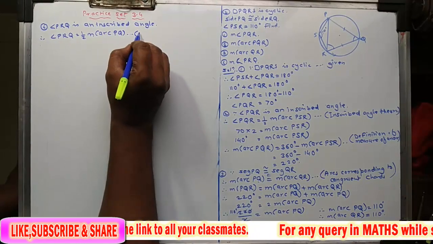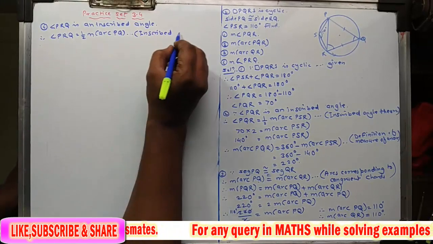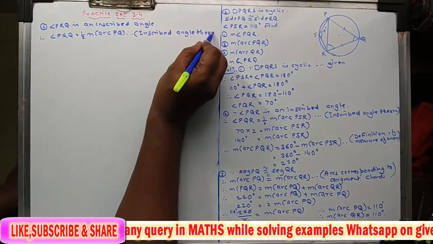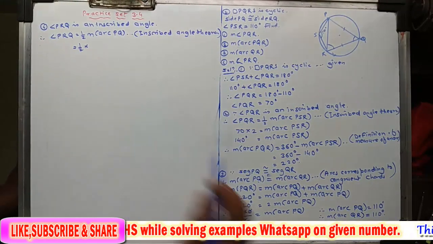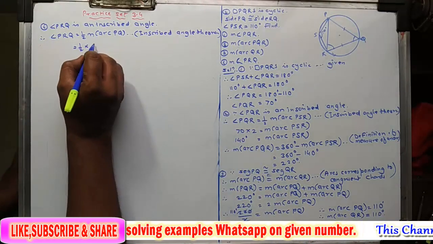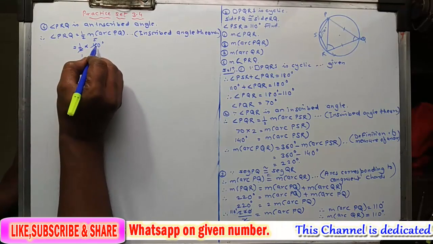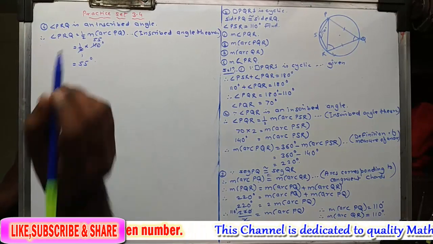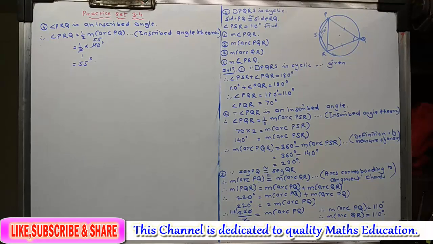The reason is the inscribed angle theorem. That is equal to half into 110 degrees. Just simplify here. 2 ones are 2, 2 fives are 10, 1 left, 2 fives are 10, equal to 55 degrees. So in this way we can solve this second example.